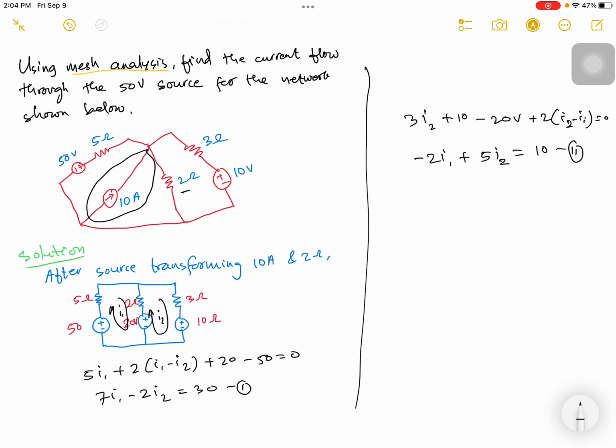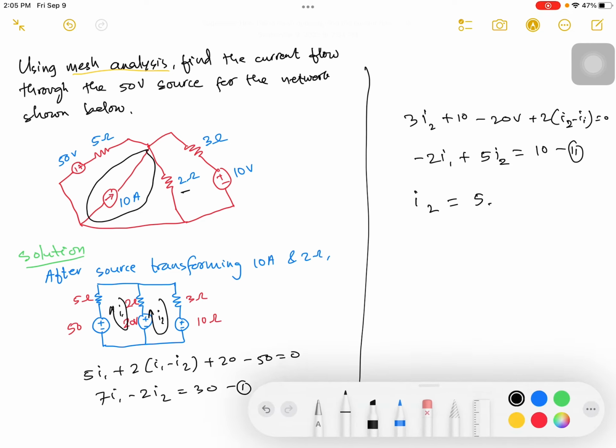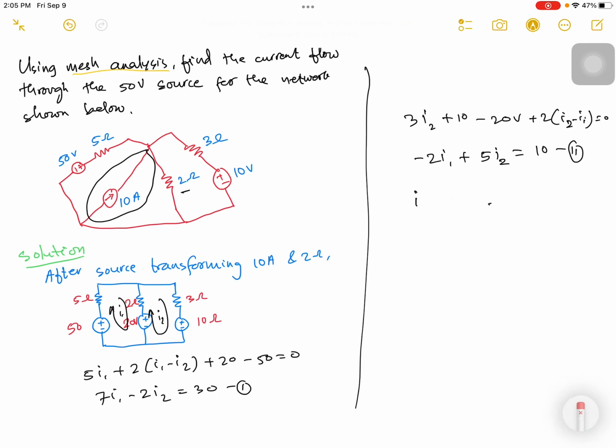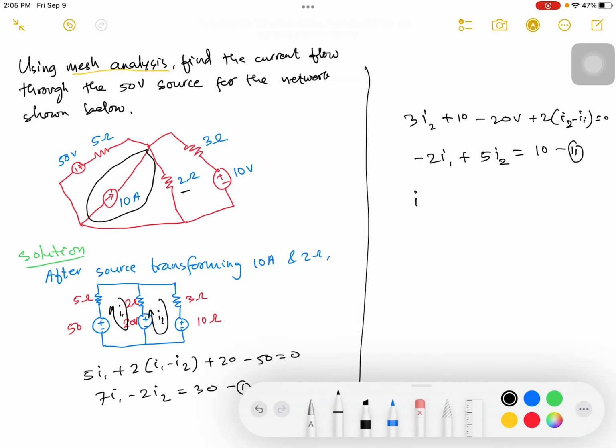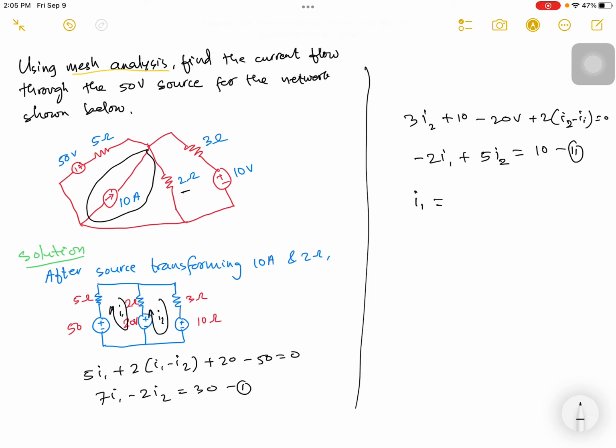And if you solve equations 1 and 2 using any method, I'm directly solving equations 1 and 2 using the calculator. While solving this one, I get I1 is equal to 5.48 ampere.